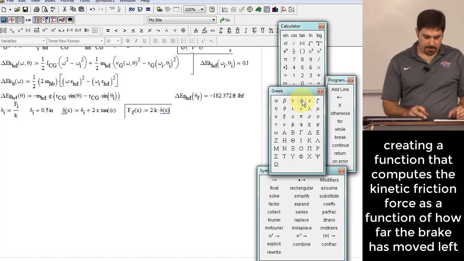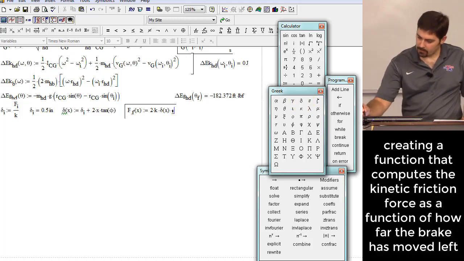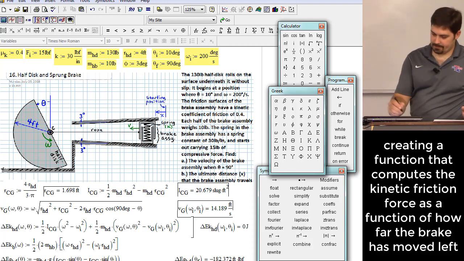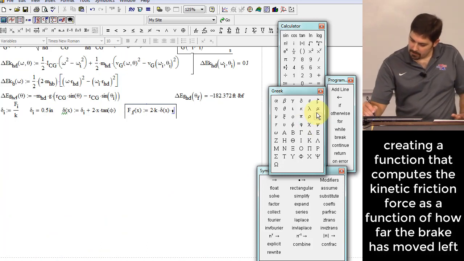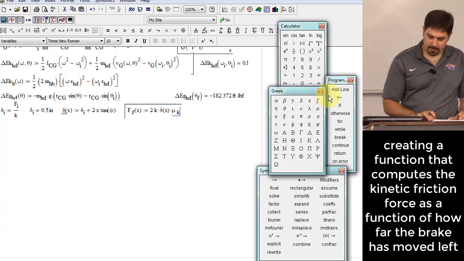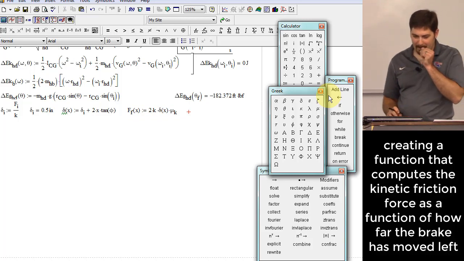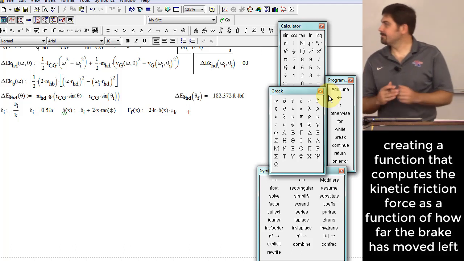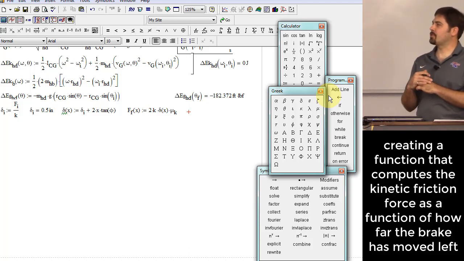And then what else do I need to multiply by? Okay, what did I call my kinetic coefficient of friction? It's right up here, mu sub k. So I put in mu sub k. All right. So far so good there.